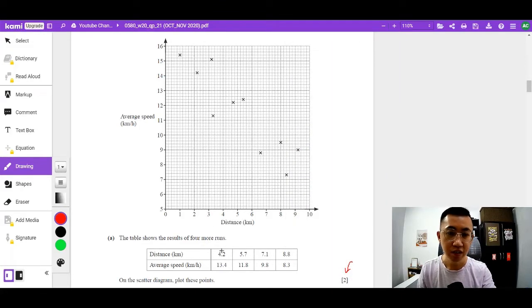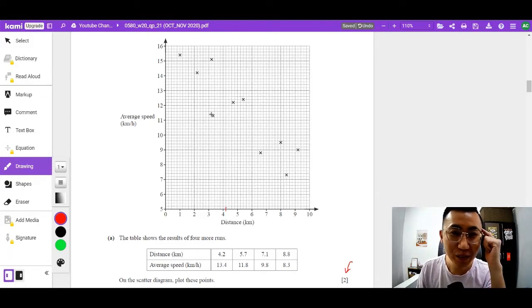So now let's start. Distance 4.2 here. Okay, average speed is 13.4. 13.4, it's here. Okay, mark down. Next one, 5.7. Wow, 5.7, 5.2, 4, 6.